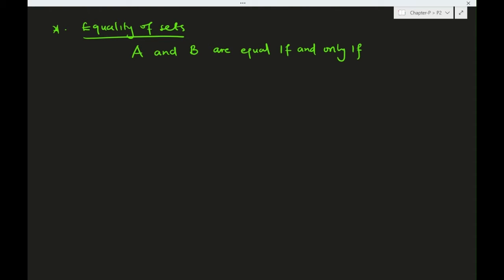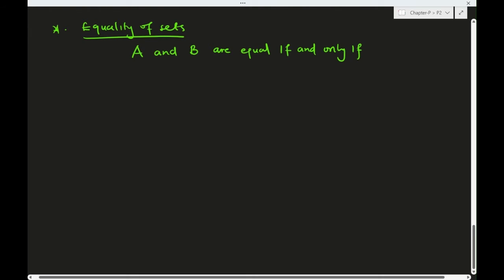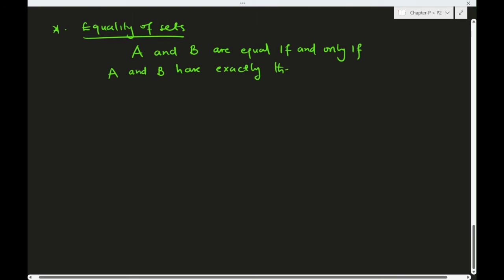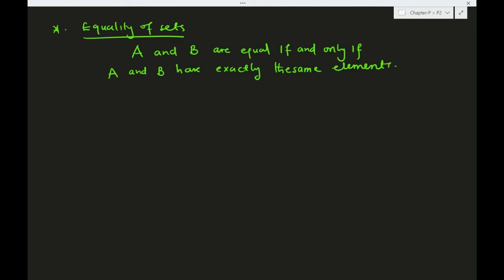If and only if A and B have exactly the same elements.